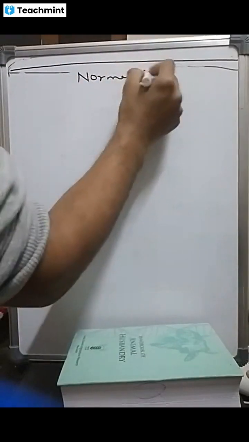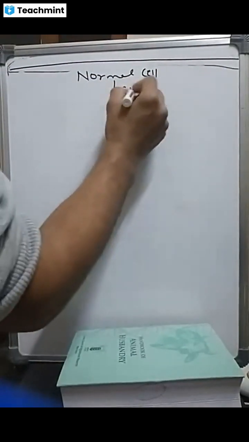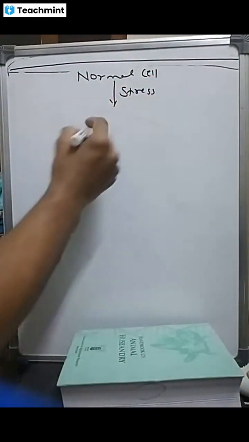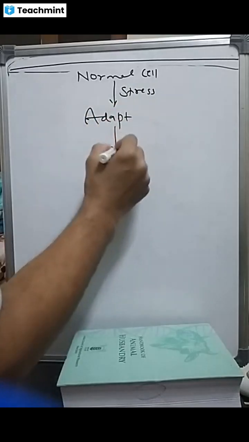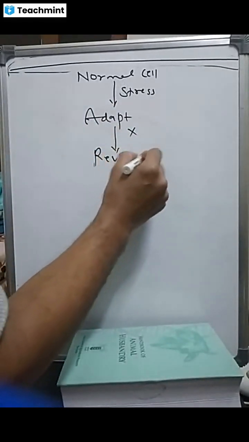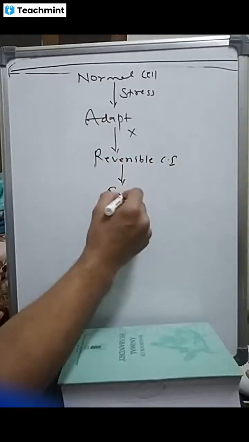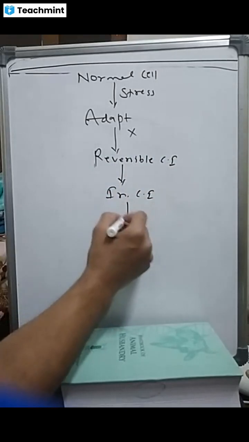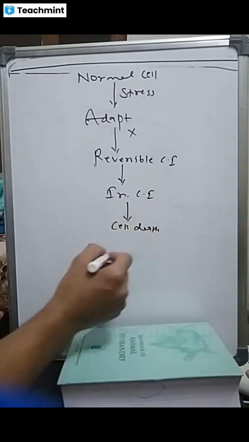So we started with a normal cell, and if we apply stress to a normal cell, first it will try to adapt. If the cell fails to adapt, it may undergo reversible cell injury, then irreversible cell injury. After this, the cell will undergo cell death.